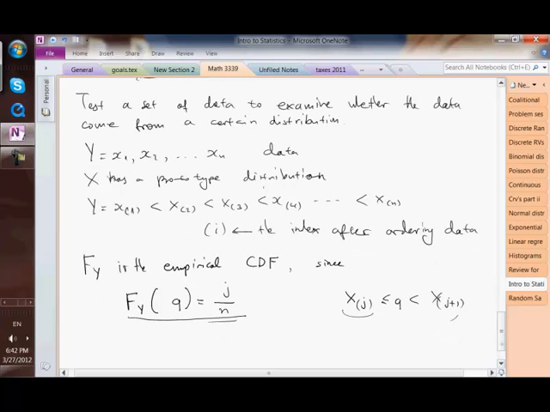So we can pick as the jth over nth quantile of the empirical CDF of the data any number between these two, any q number.